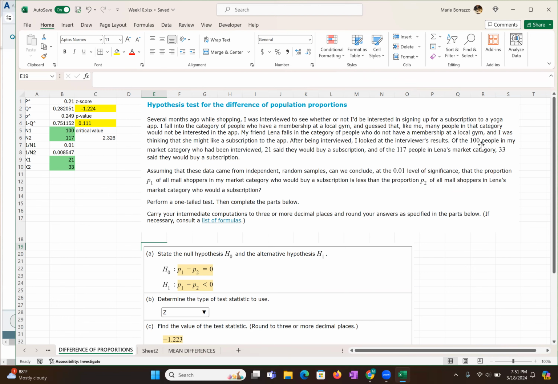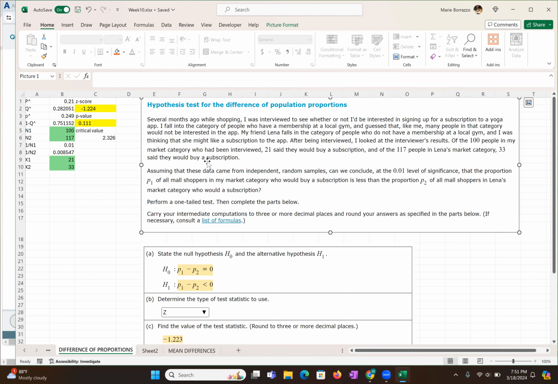Of the 100 people in my market category who had been interviewed, 21 said they would buy a subscription, and of the 117, in somebody else's market, 33 of the 117 said they would not.